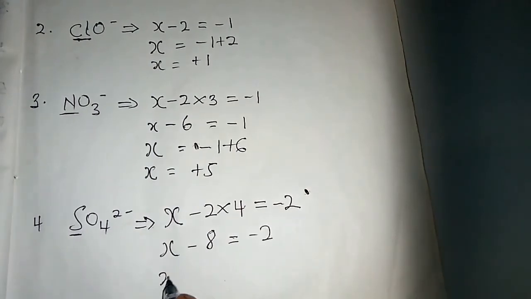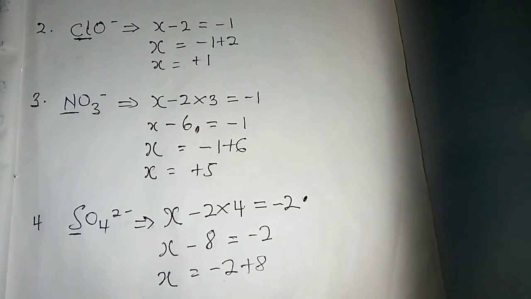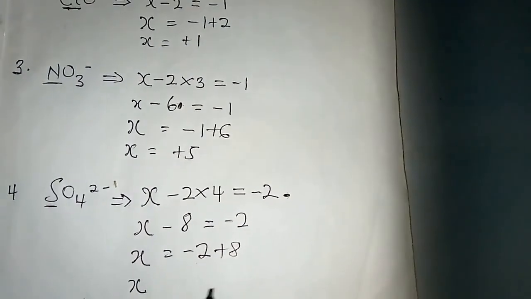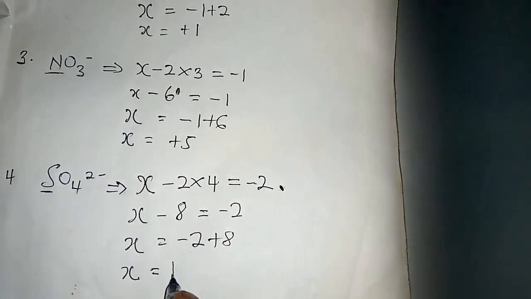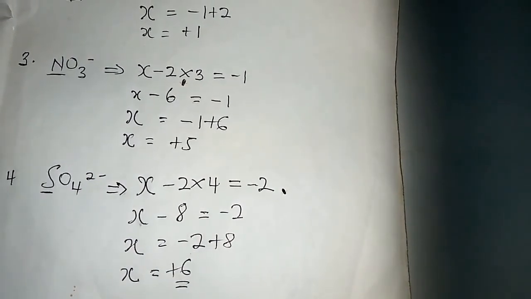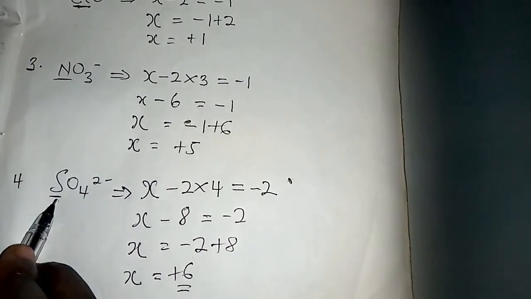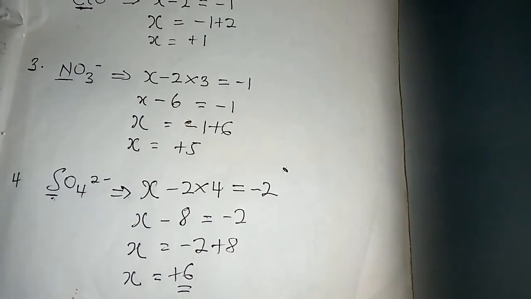Let's group like terms. X is now equal to minus 2 plus 8, and our X is now equal to plus 6. So this means that the oxidation state of sulfur, that's S here, is plus 6.